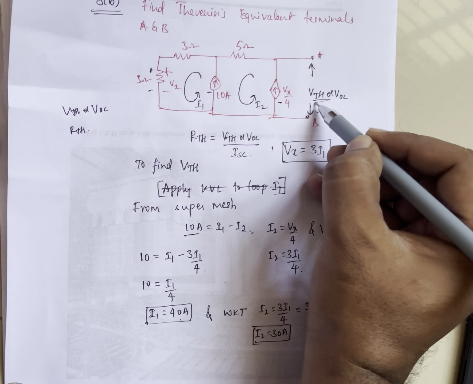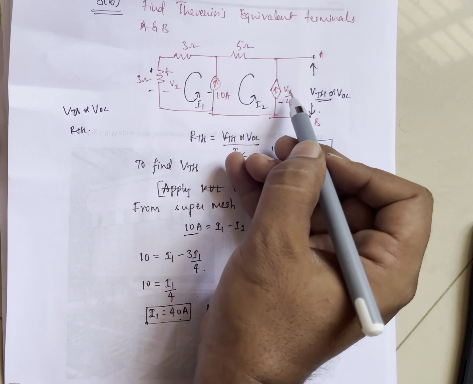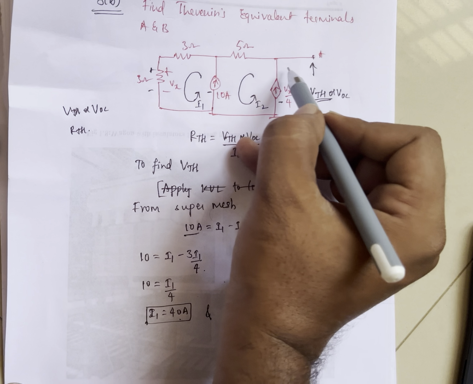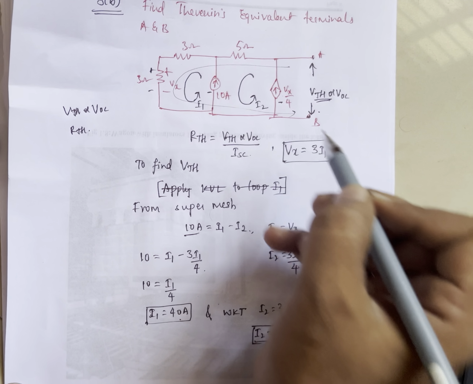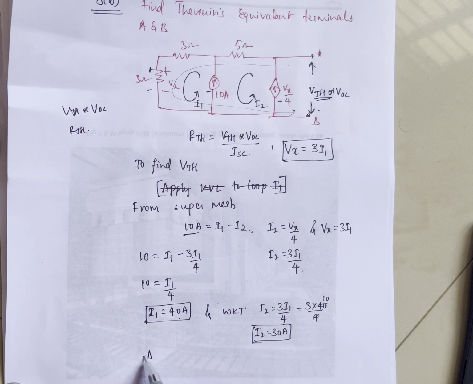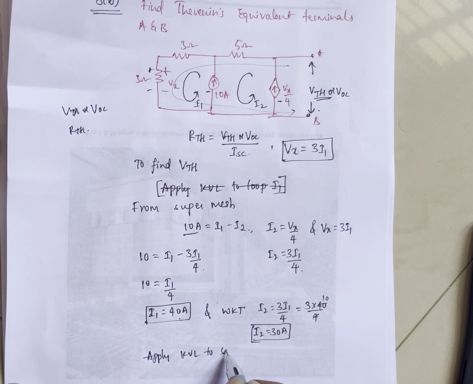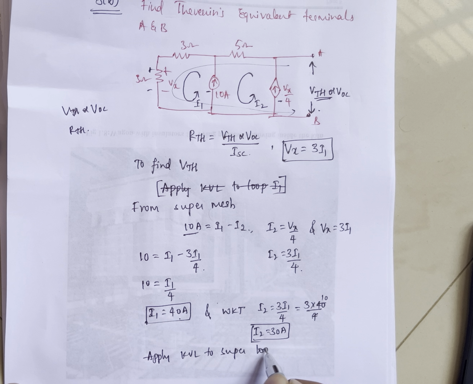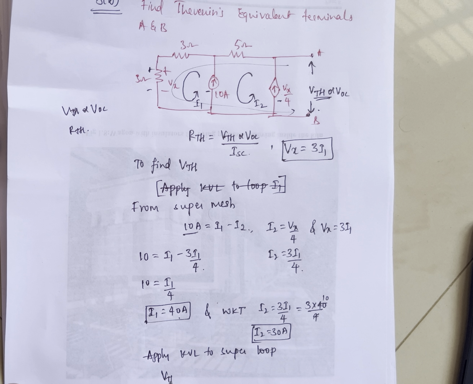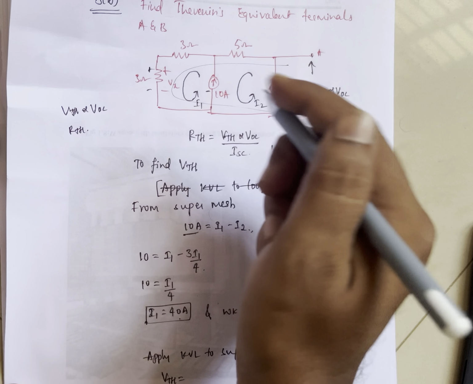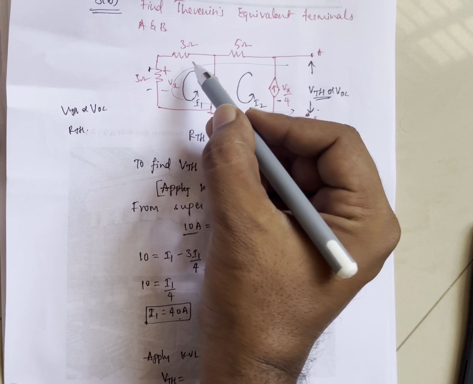You can get the value of VTH by neglecting these current loops. Now this is a super loop. You apply KVL to the super loop. So you can get VOC or VTH equal to the sum of all these drops: the drop across 5 ohm, 3 ohm, 3 ohm.